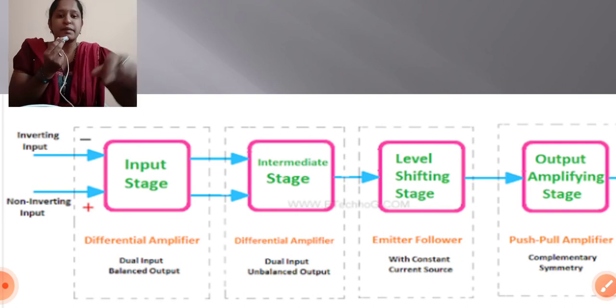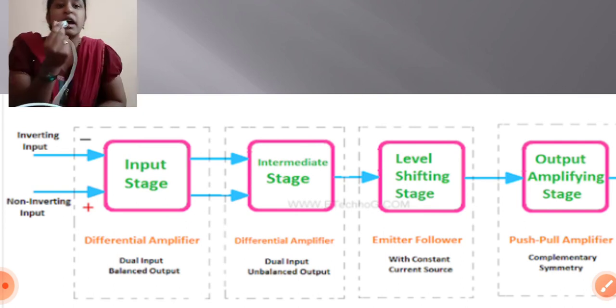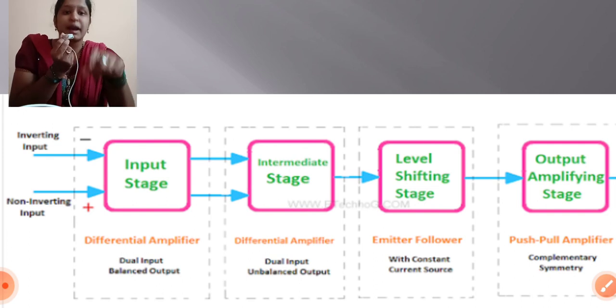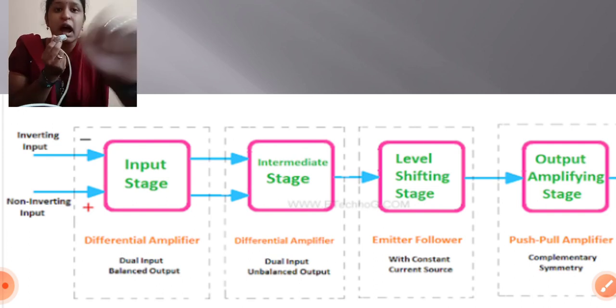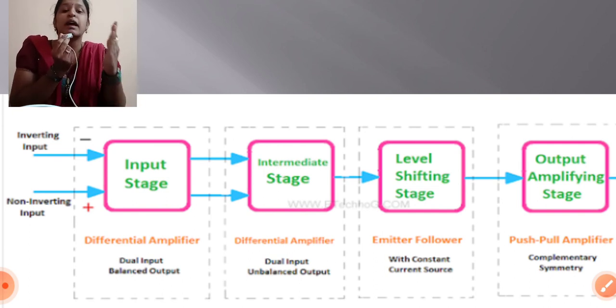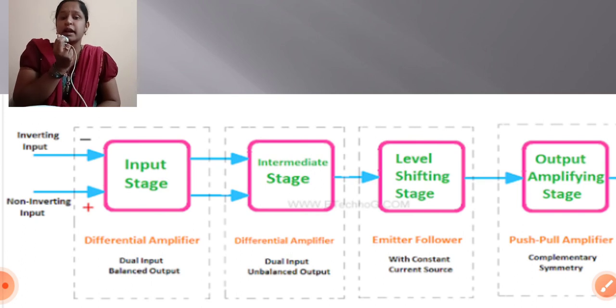In the intermediate stage, we can get the high gain after the input stage. You can get the high gain in the output, right?